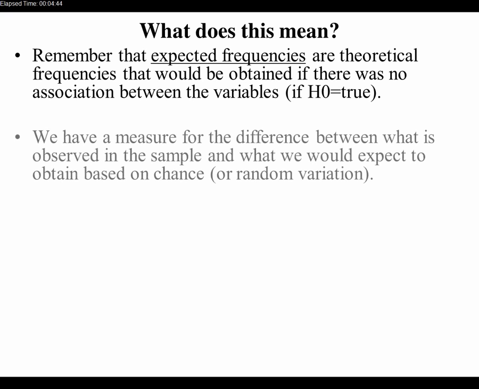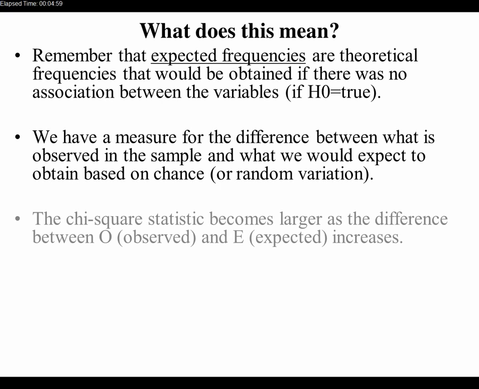We have a measure for the difference between what is observed in the sample and what we would expect to obtain based on chance or just random variation. Remember probability? That's why we looked at probability. The chi-square statistic becomes larger as the difference between observed and expected increases.